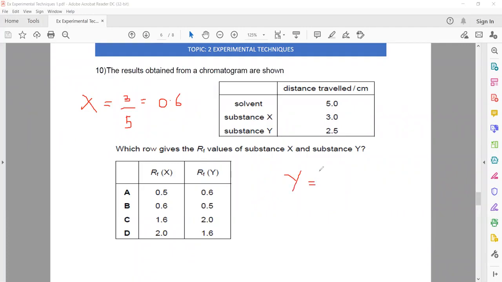Substance Y moves 2.5, as you can see it's written here, divided by the distance moved by the solvent, which is 5. So 2.5 divided by 5 is equal to 0.5. That is why B is the right answer: X has 0.6 and Y has 0.5.